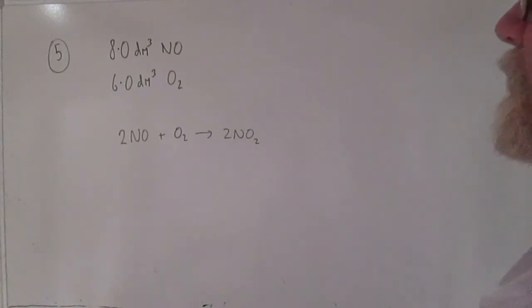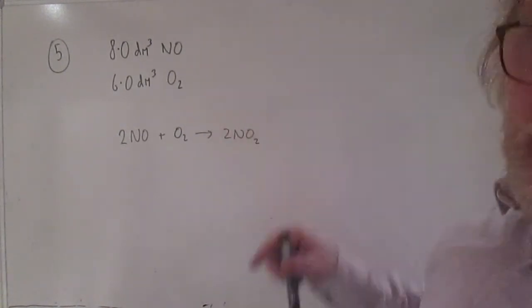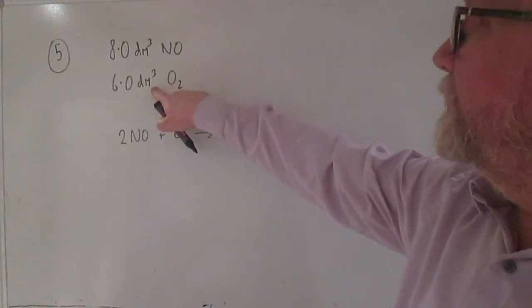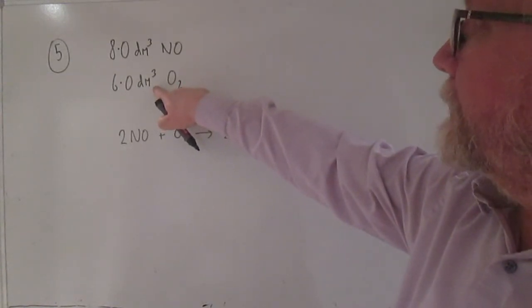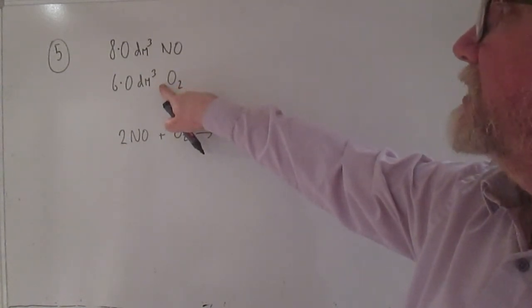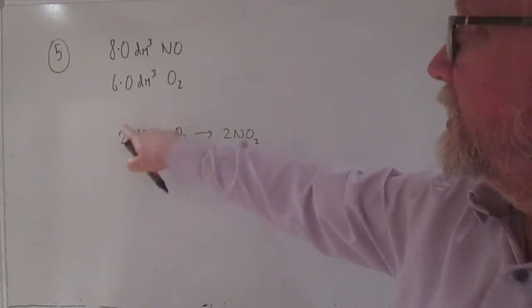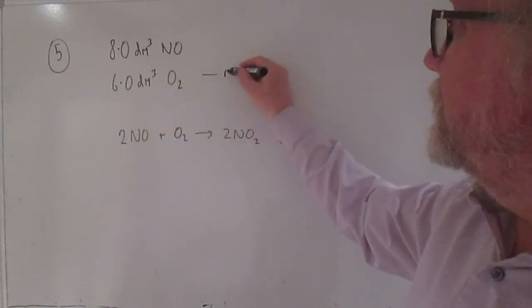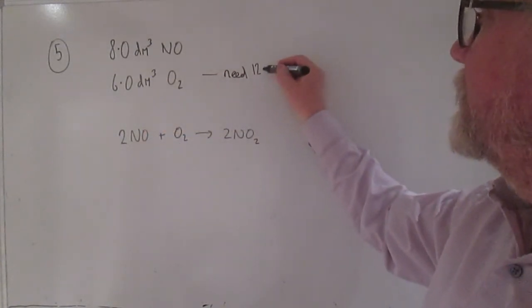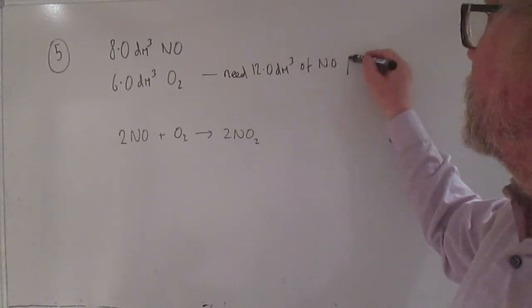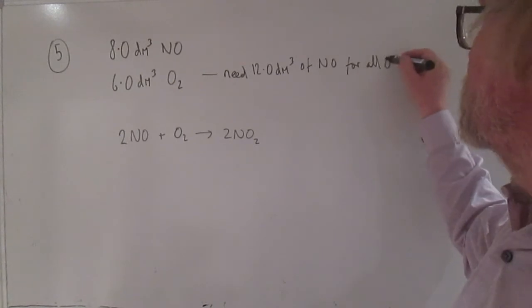So we can therefore tell which one is in excess very easily, because in order for all of that O2 to react, you would have needed twice as many moles of NO, right, because of that 2 there. So you would need 12 dm cubed of NO for all the oxygen to react.